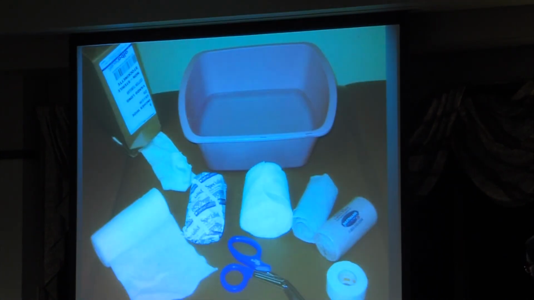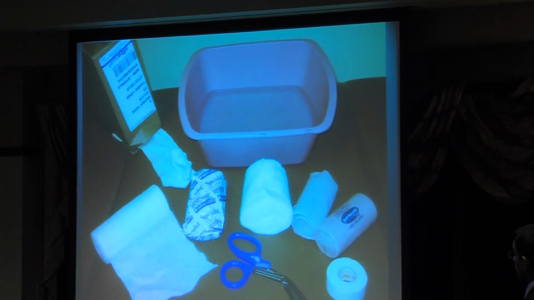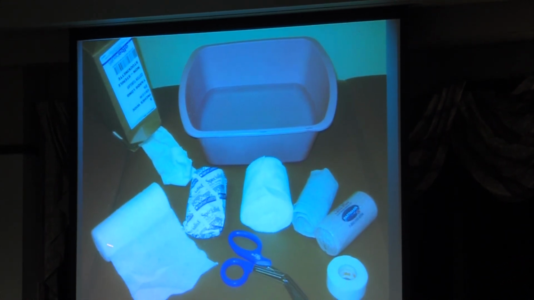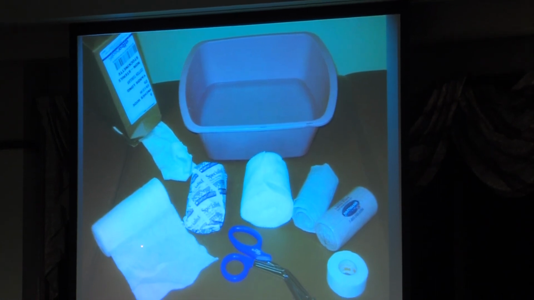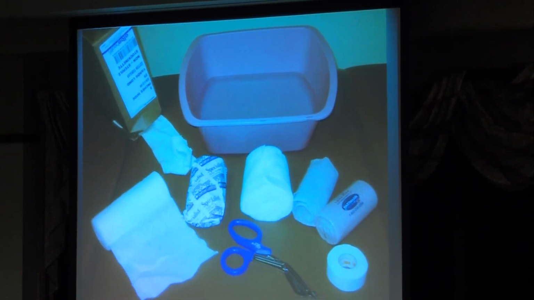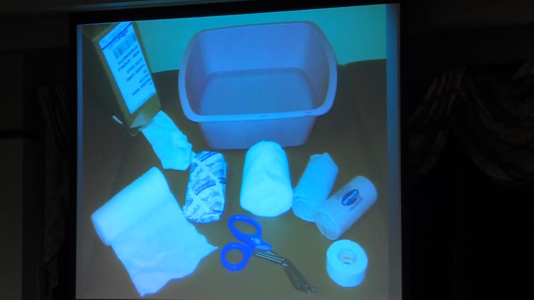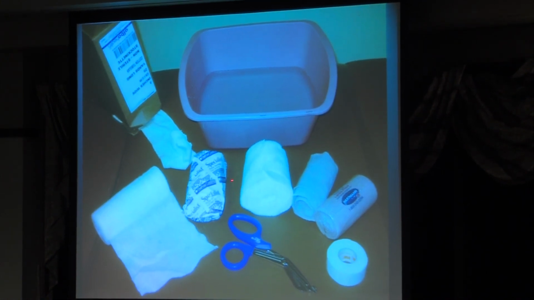And for the common material we need to keep handy to put on a splint, this is the stockinette. This is the first layer to be applied over the extremity. Followed by that will be this cast padding, and then either you can use a fiberglass splint or the plaster of Paris.